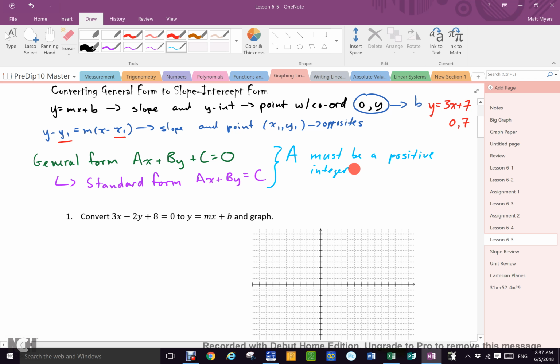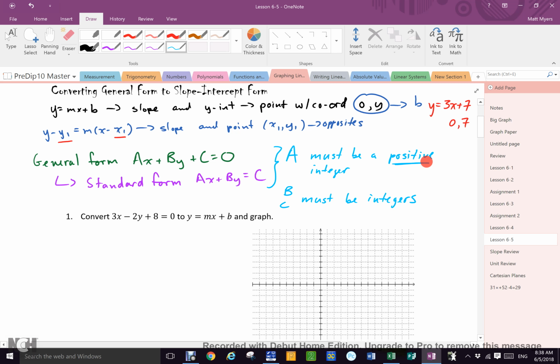Which also means no what? Decimals allowed. Well done. And it must be positive. B and C must be integers. B and C can be negative. A must be positive. Is everybody cool?